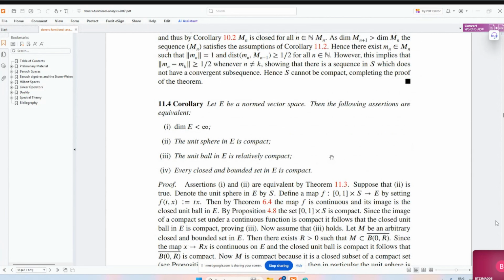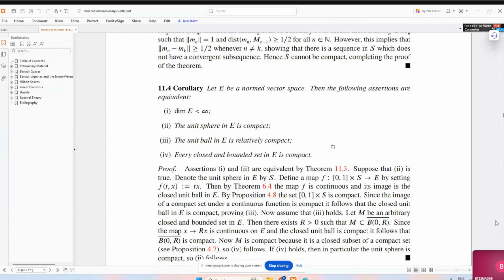Then this is the main theorem which we have proved now. 11.4 Corollary. Let E be a normed linear space, then the following statements are equivalent. Dimension of E is finite. The closed unit sphere is compact. The unit ball in E is relatively compact. Every closed and bounded set in E is compact.